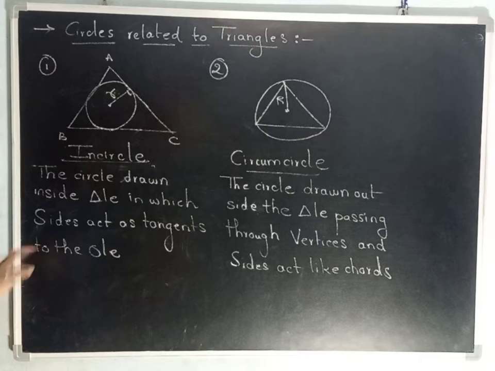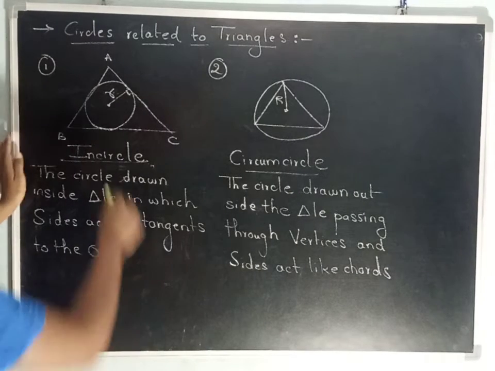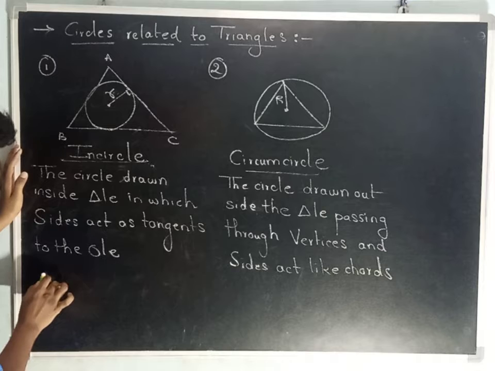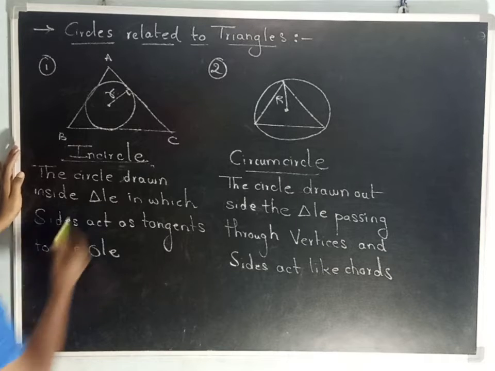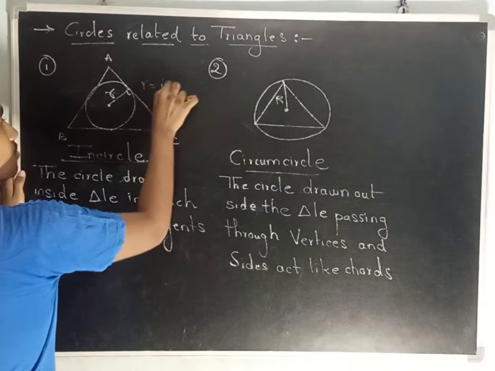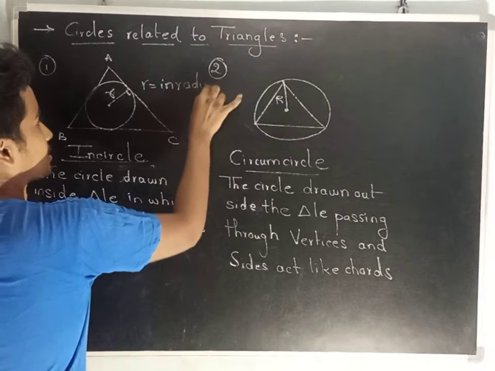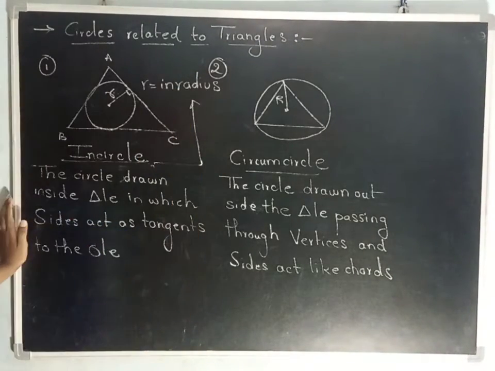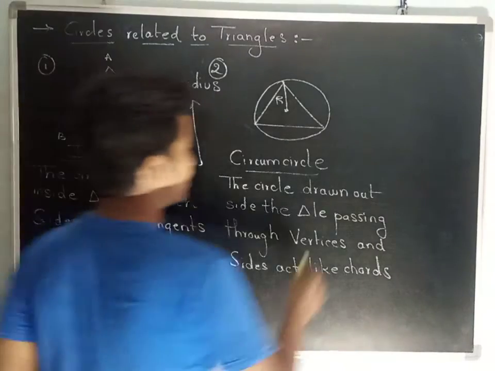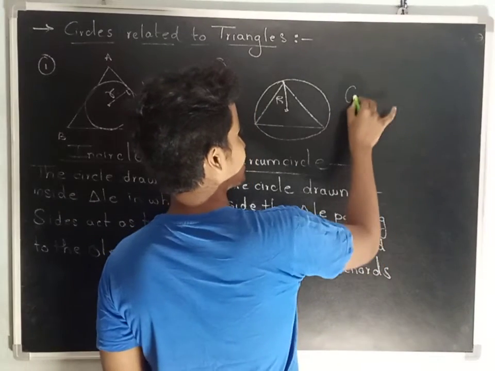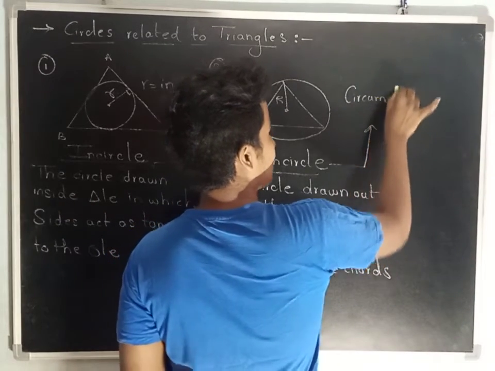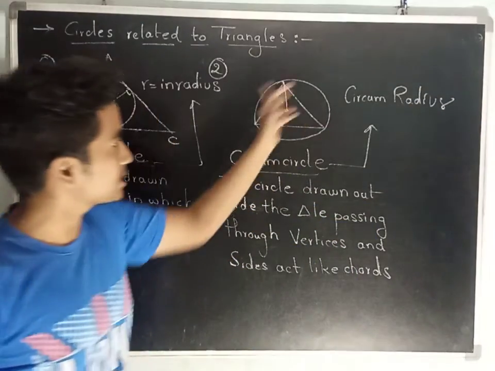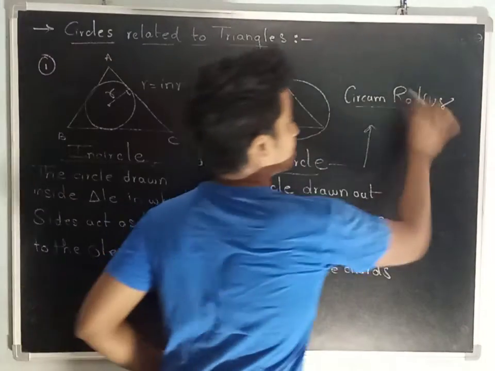And here is another thing that you have to understand, that the radius of the incircle is called as inradius, and the radius of the circumcircle is called as circumradius. The radius of the circumcircle is nothing but circumradius.